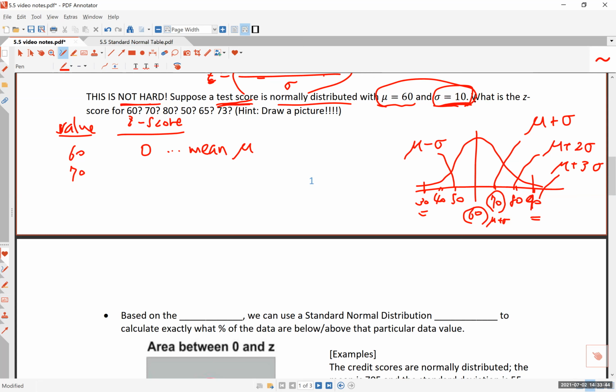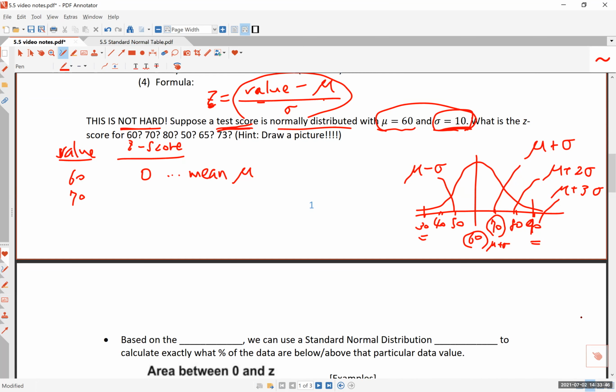So 70 should be exactly 1 standard deviation above the mean. You could use this formula, 70 minus 60 divided by 10, and of course that's 1. But it's obvious that the z-score for 70 is exactly 1 because 70 is exactly 10 above 60, which is 1 standard deviation above 60, right?